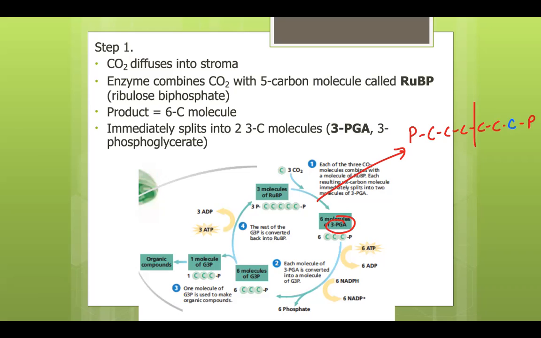So we've got CO2, which has 1 carbon in it, and you add it to a 5-carbon molecule, and you make this 6-carbon molecule. But again, that blue C is the one that came from CO2. Because this 6-carbon molecule is unstable, it splits in half, and you end up with 2 molecules of 3-PGA.